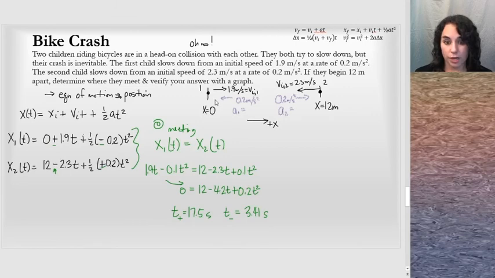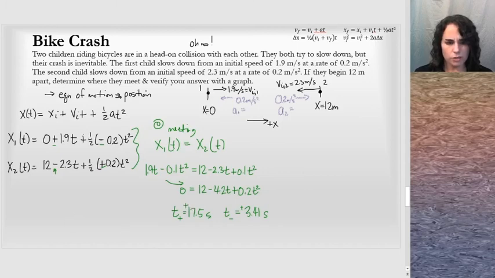So we have two times. Let's look at the graph, right? Because both of these times seem like they could work. They're both positive, so they could both happen. There's a small time and then there is a large time. And that's kind of curious to me, okay?